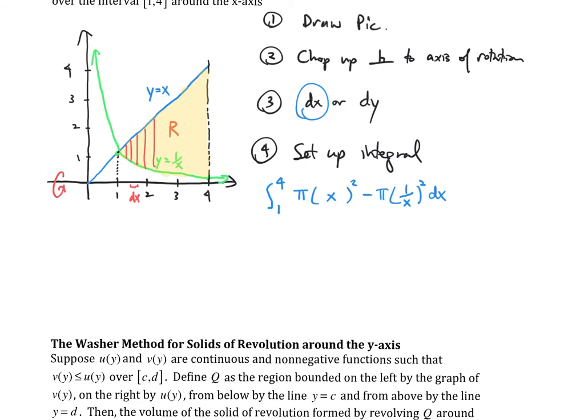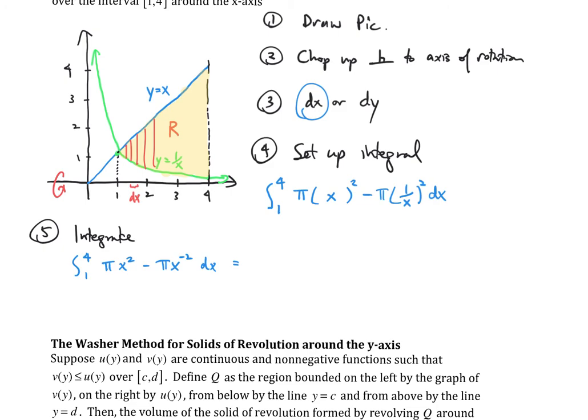Okay. So I guess the last thing we need to do is integrate. So let's do this. We have the integral from 1 to 4 of pi times x squared minus pi times x to the negative 2 squared dx. I hope you can see that we can really factor out a pi.